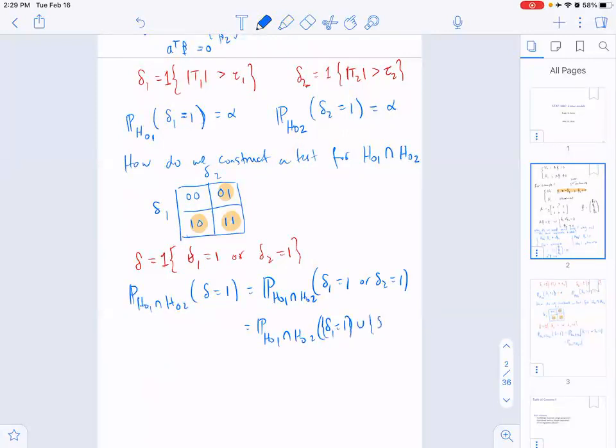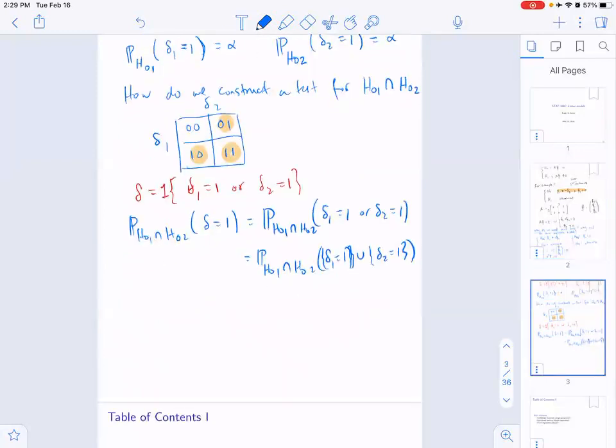Union of these two events, right? So how do we break this probability into these two pieces? Can I do this?